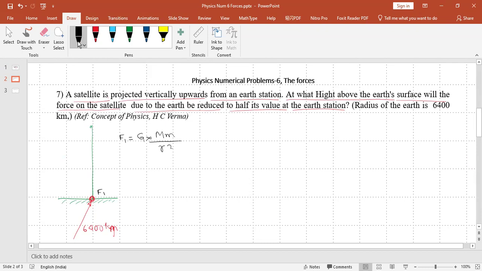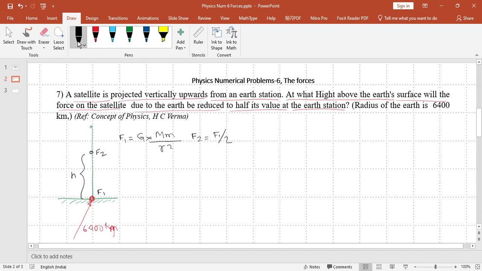And let us say this is a certain height h where the force is F2, and F2 is half of F1, when the satellite is at the height h.